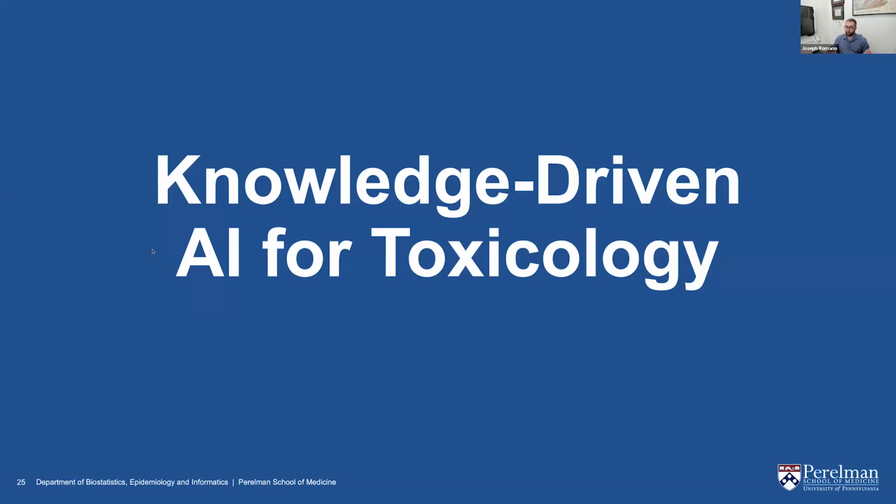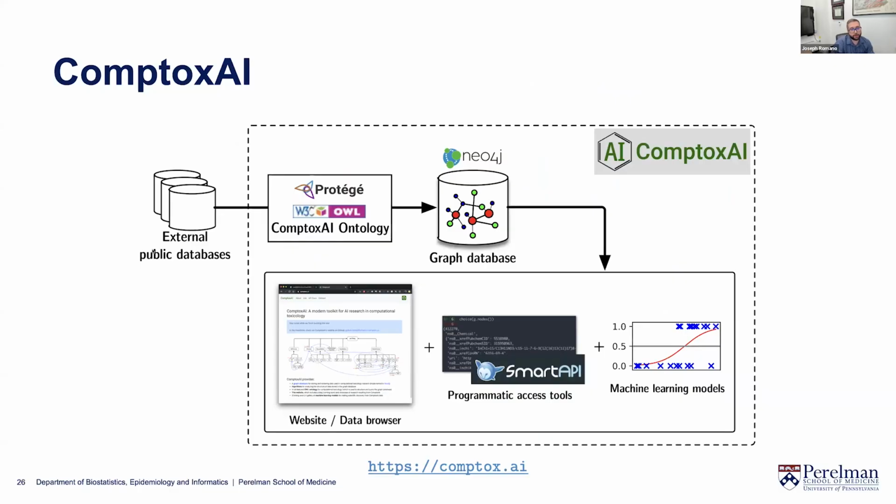All right, now that we have all that foundational stuff out of the way, let's jump into some of the research we've been doing in this and similar areas. One of the big things that we've been working on in my lab is the development and application of this set of resources called ComptoxAI.